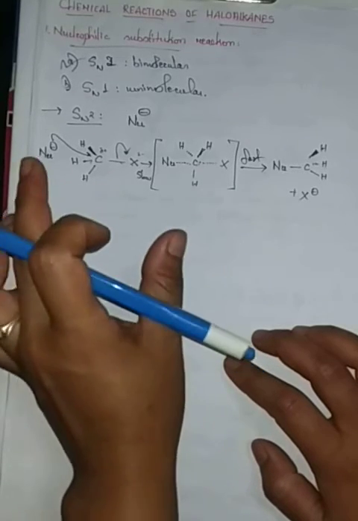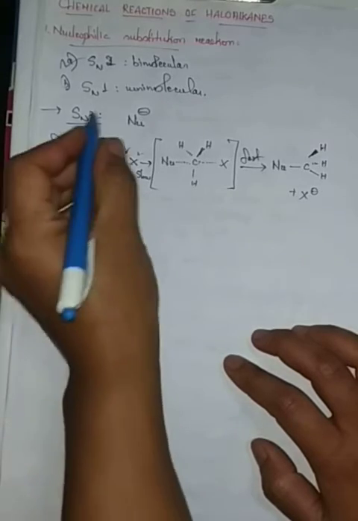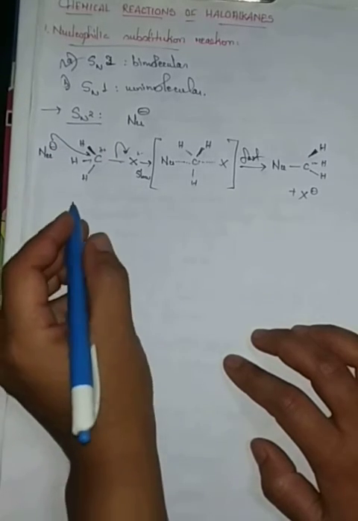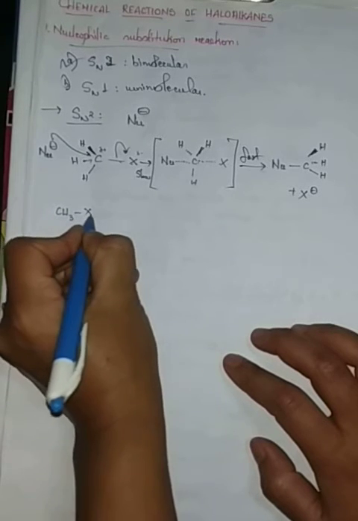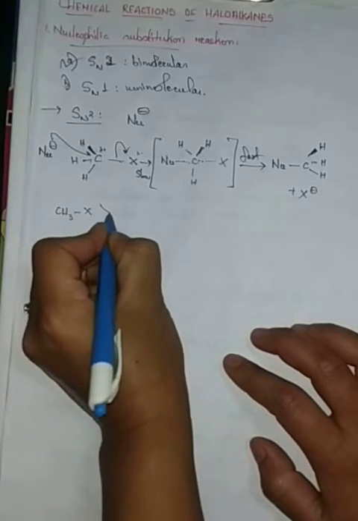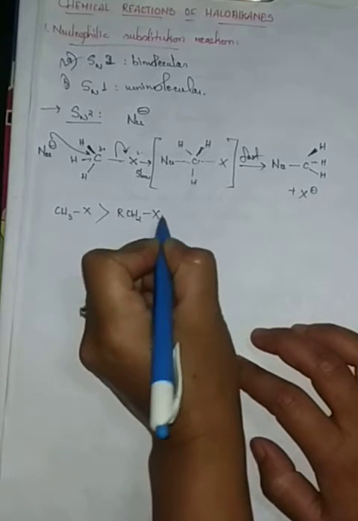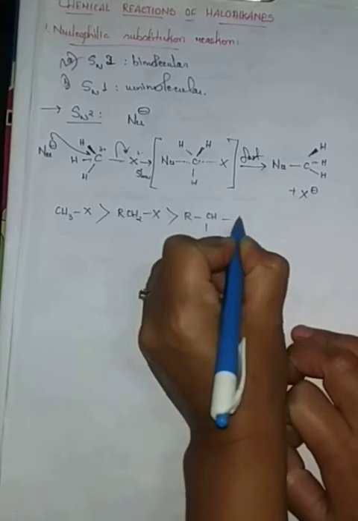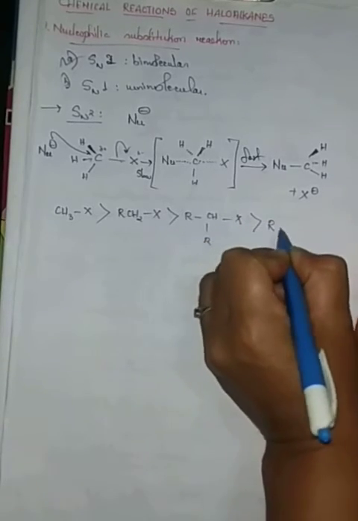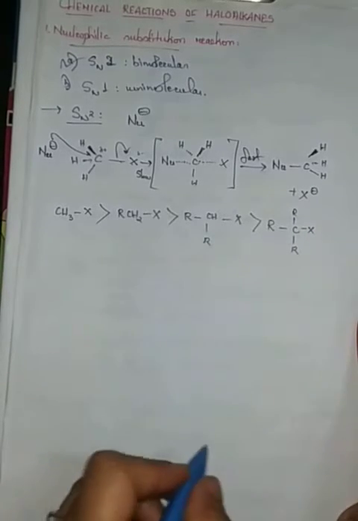And as a result, the reactivity in haloalkanes for SN2 mechanism will follow the order: CH3X will be more reactive than our primary haloalkane, then our secondary haloalkane, and the least reactive one will be our tertiary haloalkane.